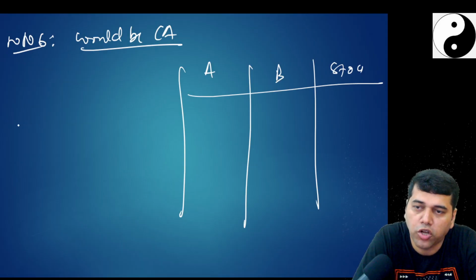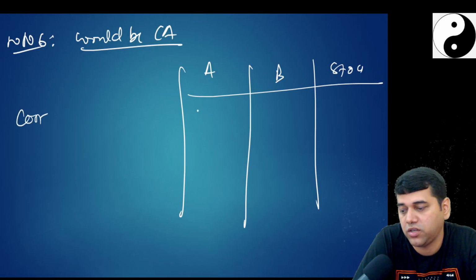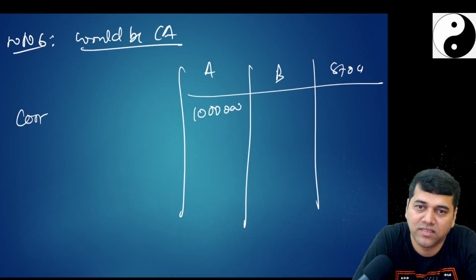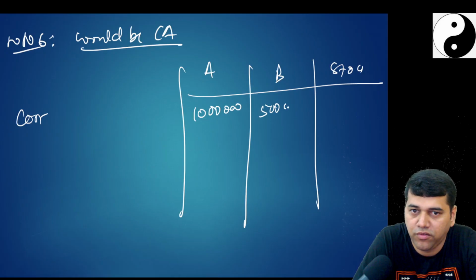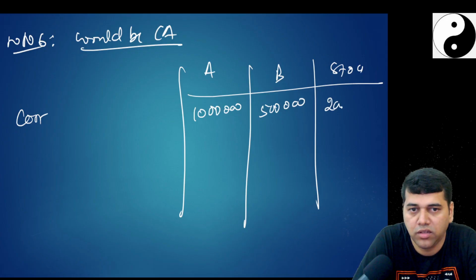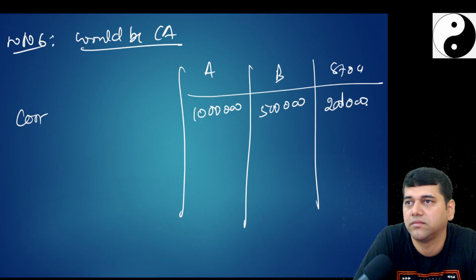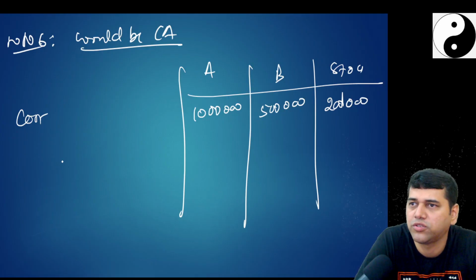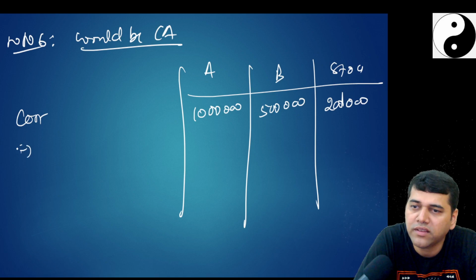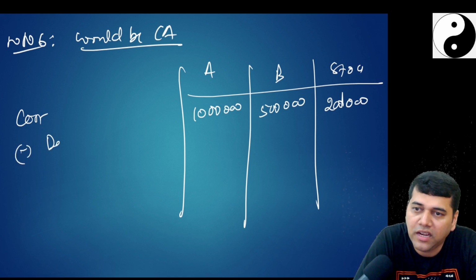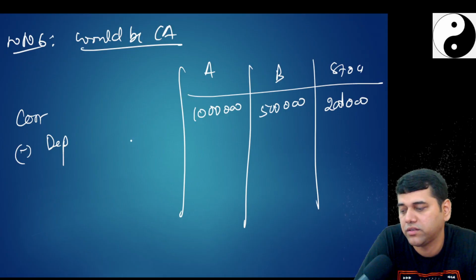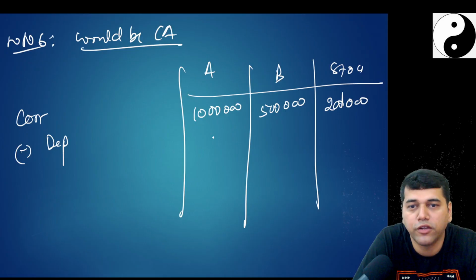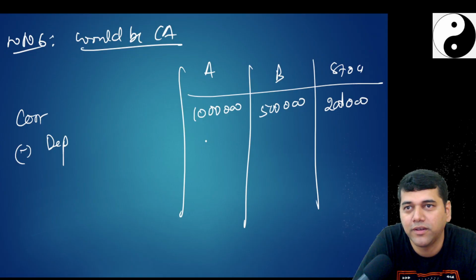I will go to the historic cost. How much? 10 lakhs, 5 lakhs, 2 lakhs. You need not show it also. Okay, but let us keep it. Less depreciation for how many years? Okay, can you tell me how much is the depreciation would have come here? Tell me the amount.